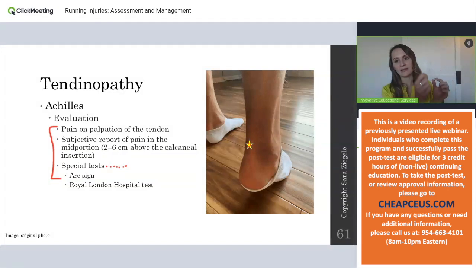As you do that, the tendon itself will move because of its contractile component. So if the pain moves, that's more indicative of tendon than if the pain stays stationary as the tendon goes, which would be more indicative of one of the structures like the bursa or the sheath, which don't have mobility.